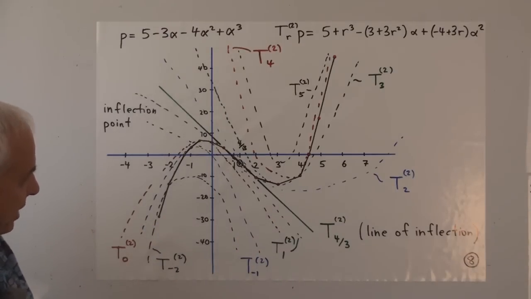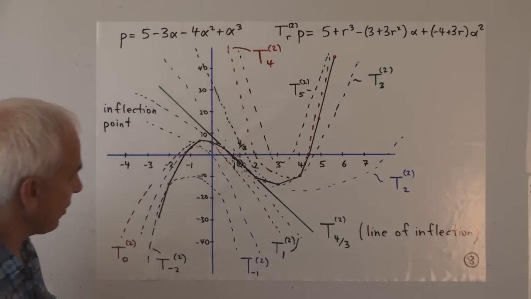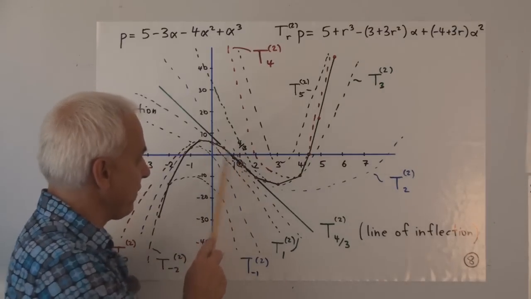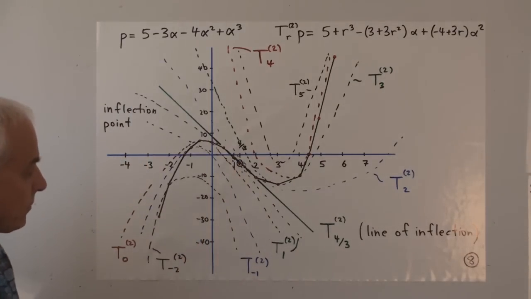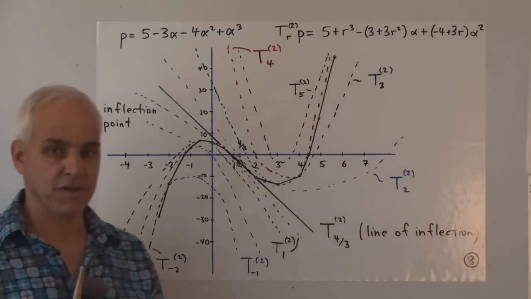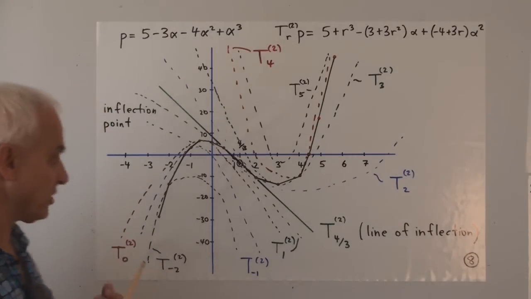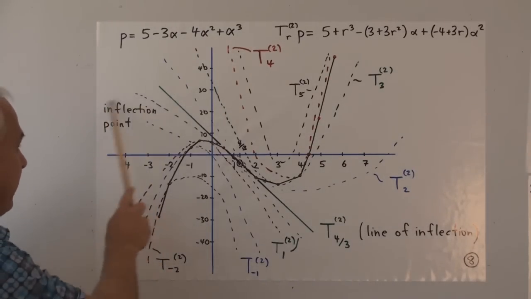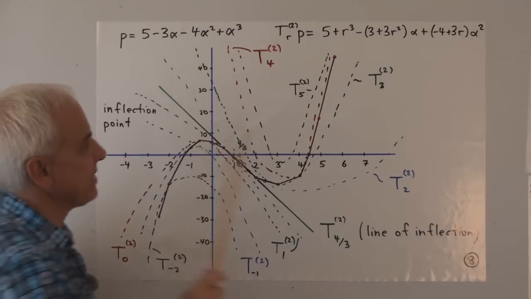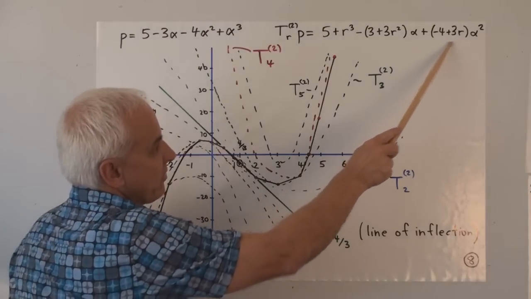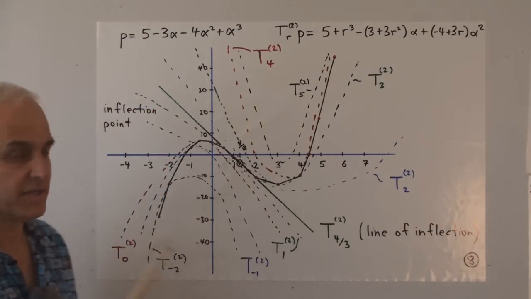Probably the most interesting and the most important one is actually the one that occurs right here at the point 4/3. 4/3 is an important point for this cubic. In fact, it's the most important point on the cubic. It's the inflection point. And that's exactly the point at which this second derivative is 0.